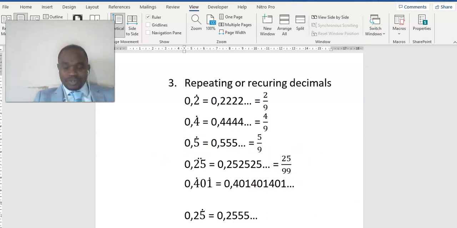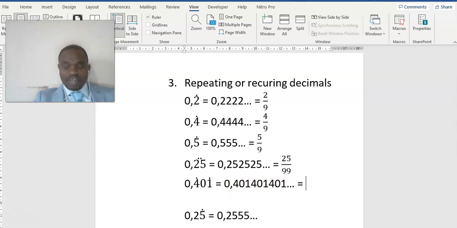So let's do the next one. This one is also a rational number because I can write it in the form A over B. How? 0,401. When you put the dot on the first and the last, the middle one is automatically affected. So this one is going to be 0,401, 401, 401, and it continues.